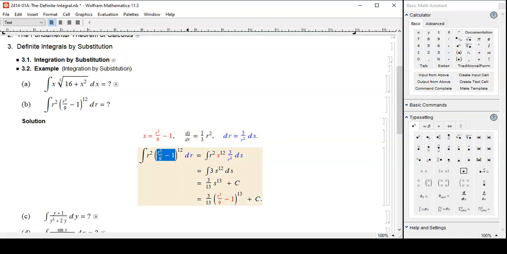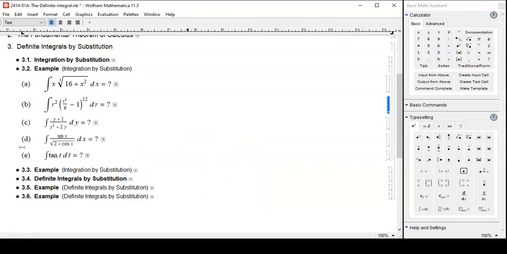This red part is s, and this blue part, dr, is as solved over there. And then simplify. The resulting integral is an s integral. So calculate the s integral, and then plug in s equals this expression back in, and that completes the problem. And you can do this for more complicated problems too.